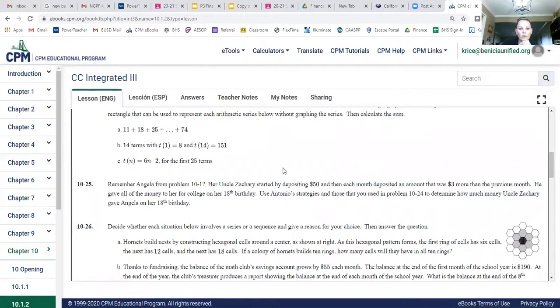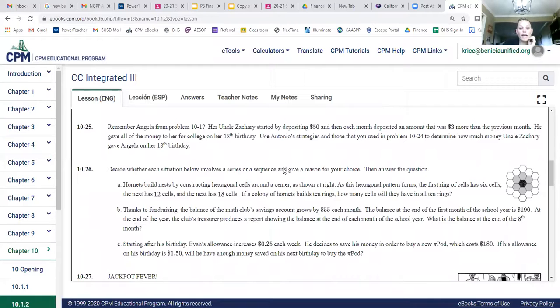So 10-26: decide whether each situation below involves a series or a sequence and give a reason, then answer the question. So remember, series, are you adding them? Sequence, are you listing them? On A, it says hornets build nests by constructing hexagonal cells around a center as shown at right. As this hexagonal pattern forms, the first ring of cells has 6 cells, then the next has 12 cells, then the next has 18.